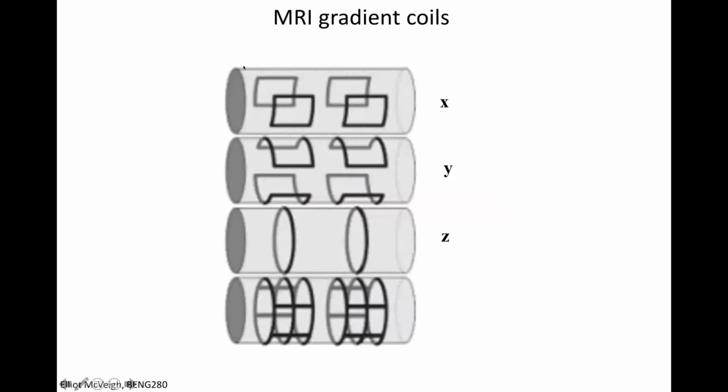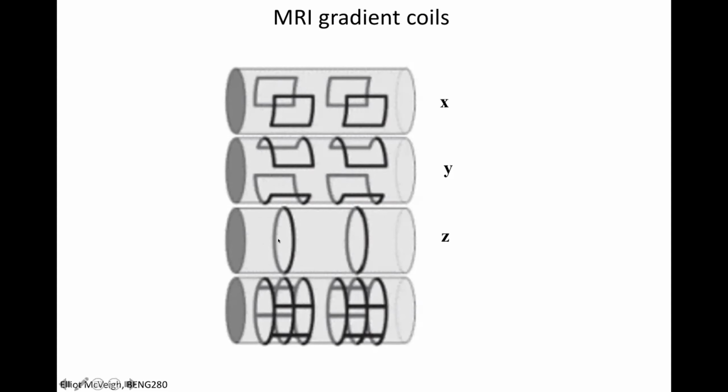So let's look at the gradient coils in a bit more detail. We have 3 sets: a Z coil, a Y coil, an X coil. And let's see how the Z coil functions first. If I'm sitting here inside the bore and I have a 1.5 Tesla magnetic field at this point, and it's pretty uniform across this whole volume here, it's 1.5 Tesla.